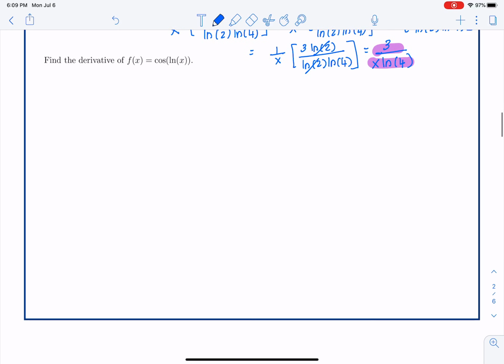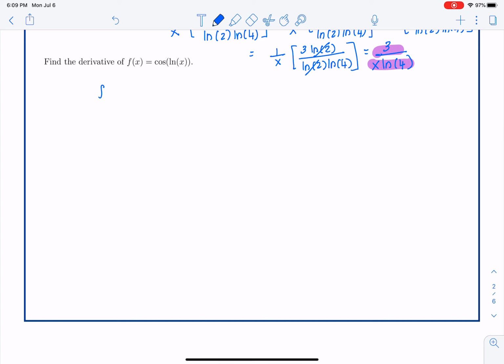So now we move on to this function of a function, and we all know what we should do when we have a function of a function. The hint here is to use chain rule. We are going to treat ln of x as just x.